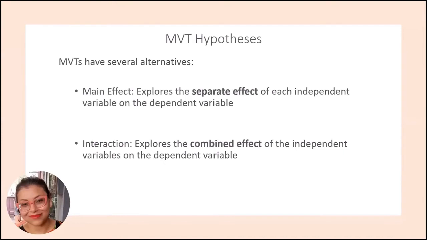MVTs typically have several alternative hypotheses, one for each main effect and one or more for the interactions. So the main effect explores how each individual independent variable affects the dependent variable. And then the interaction is exactly what it sounds like. It explores how your independent variables work together to affect the dependent variable.